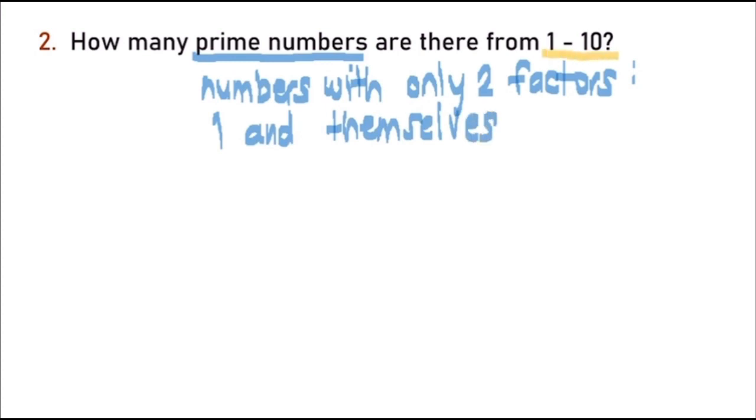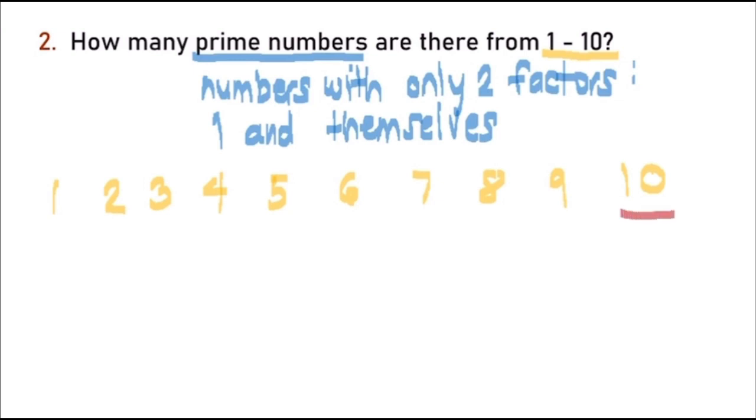Again, ang hinahanap natin ay ang prime numbers from 1 to 10. So, para ma-solve ito, i-write down na muna natin yung mga numbers from 1 to 10. So, we have here 1, 2, 3, 4, 5, 6, 7, 8, 9, and 10. Tapos, isa-isahin natin i-evaluate if itong mga numbers ba ay prime numbers.